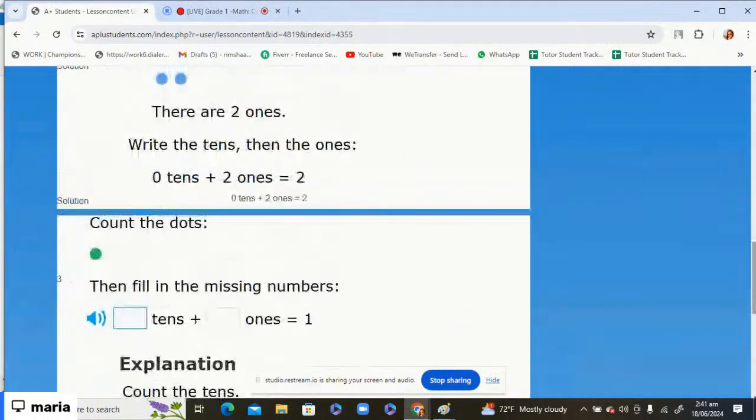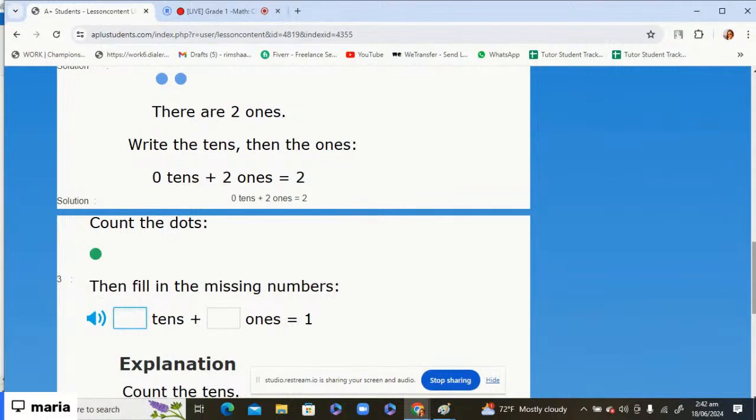How many dots are there? There is only one dot. So it means that there is only one here. If there is only one digit, is it ones place or tens place?